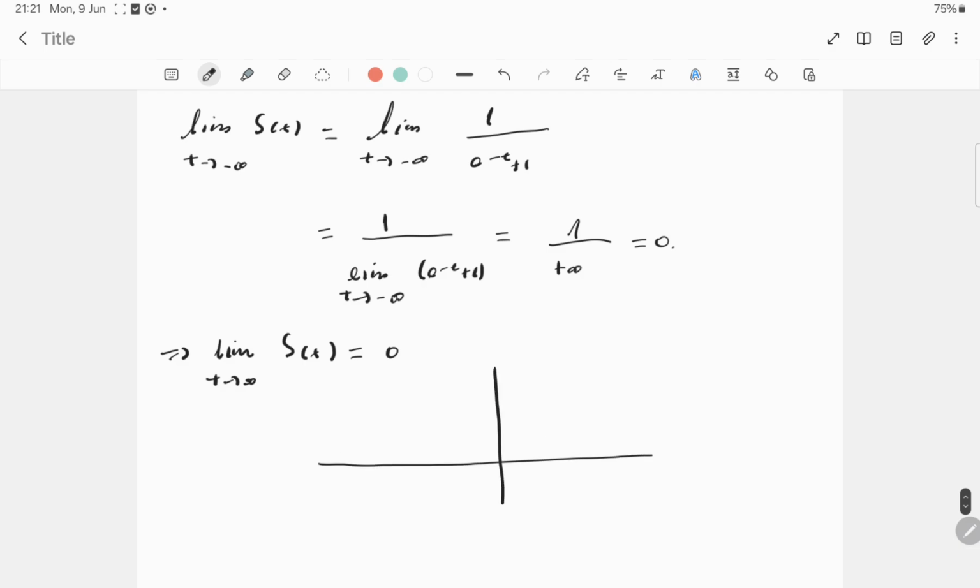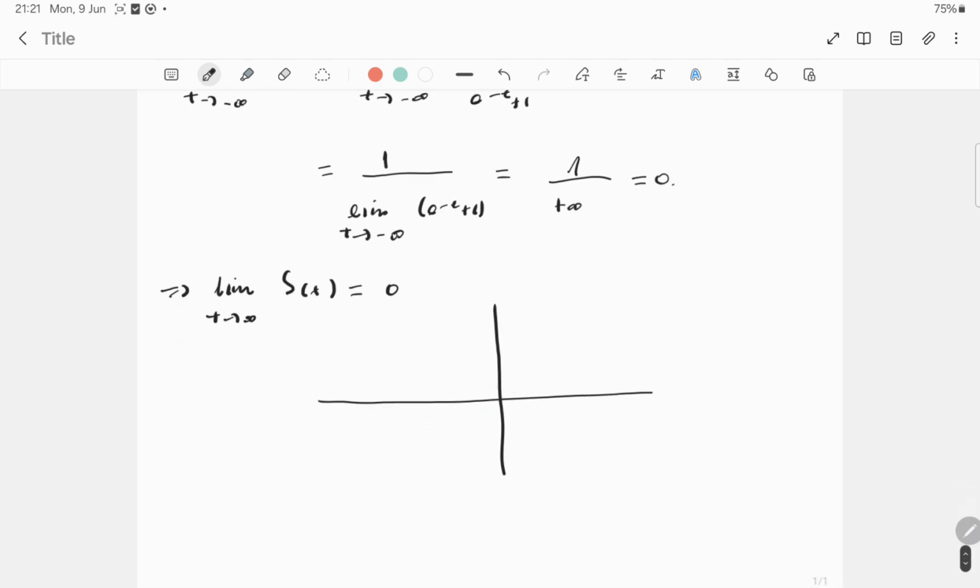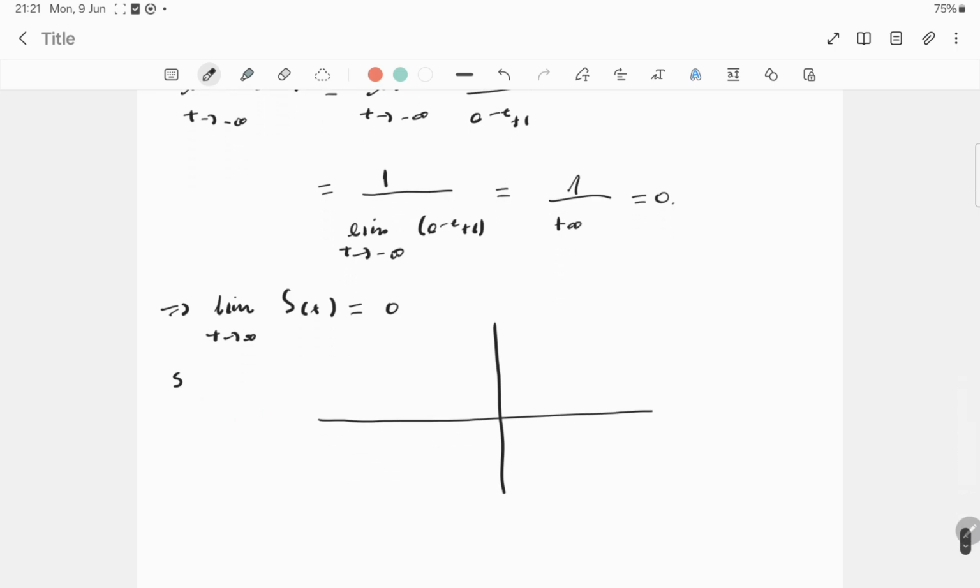The graph of the function looks like this. Of course, when t is equal to 0, that's a half. So for t equal to 0, let's say 1 is here, a half is in the middle. So when t is equal to 0, the function takes the value of a half, then it goes asymptotically to 1, and as t grows to minus infinity, this goes asymptotically to 0.